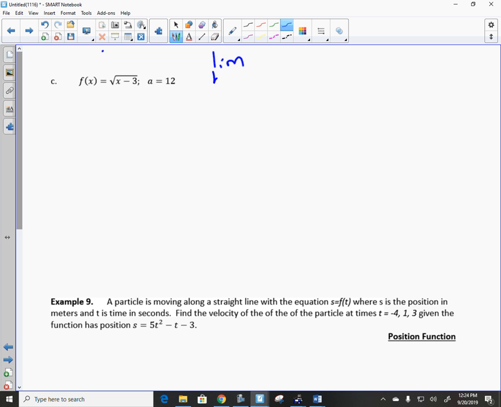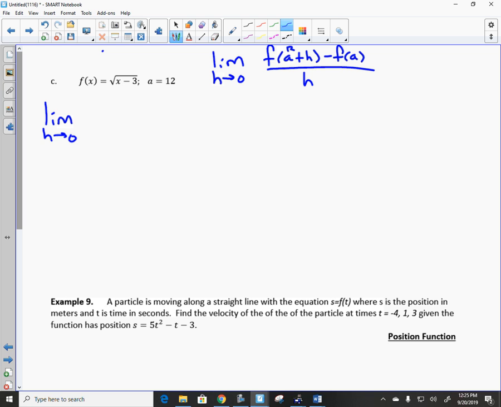Limit as h approaches 0 of f of a plus h minus f of a all over h. Remember last time we plugged in -2 at the end? If you want to, you can plug it in at the beginning. And if you did that, you would get the limit as h goes to 0 of, instead of plugging in a plus h, I'm going to plug in 12 plus h.